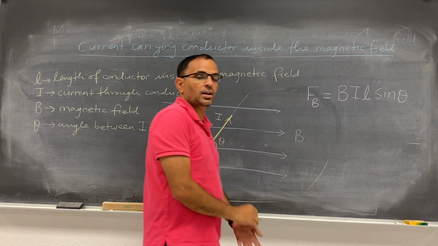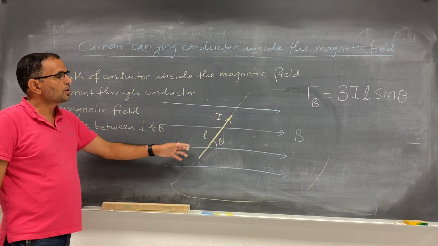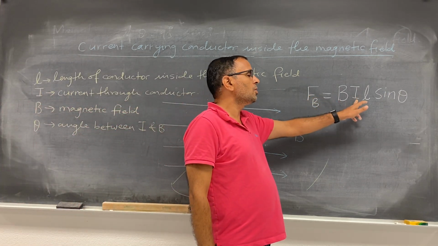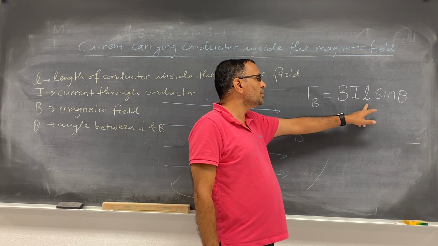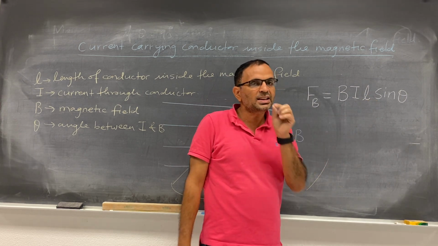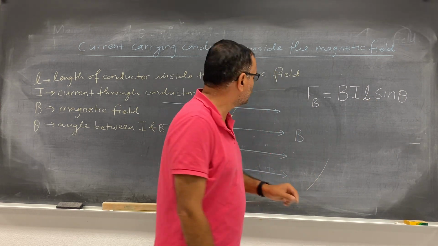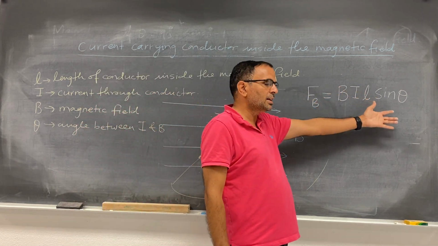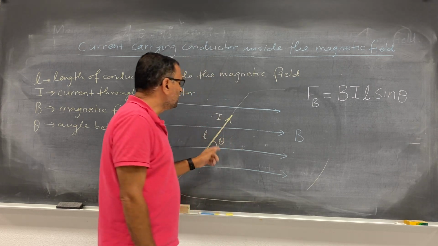This is the formula. The force experienced by the current carrying conductor is equal to the magnetic field B times the current through the conductor I times the length of the conductor. This is the length of the conductor inside the magnetic field, just this length only, times sine theta. Theta is the angle between I and B.